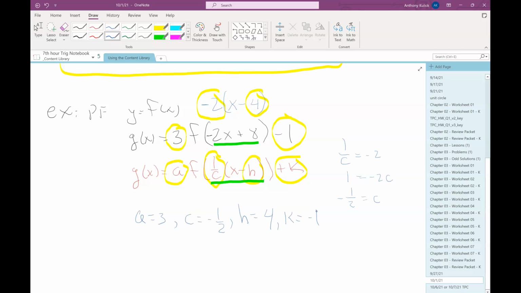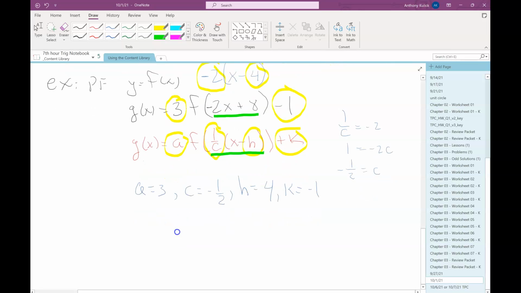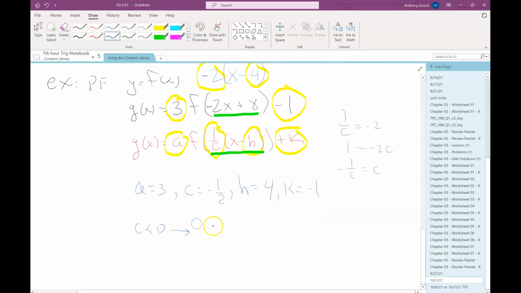So this is typically the trickiest part, just making sure you're able to correctly identify those values. From here, I'm just going to be using the criteria above. So since the C was negative, I know that I have a reflection across the y-axis.